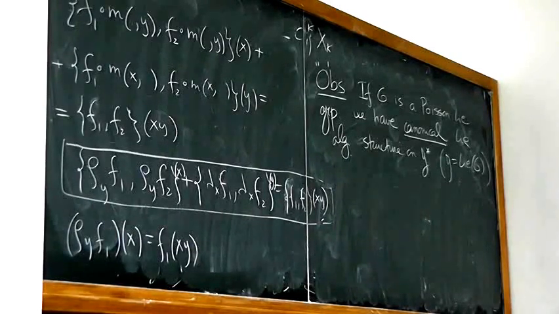What I'm saying is that there is a canonical structure on the dual. What is this structure?